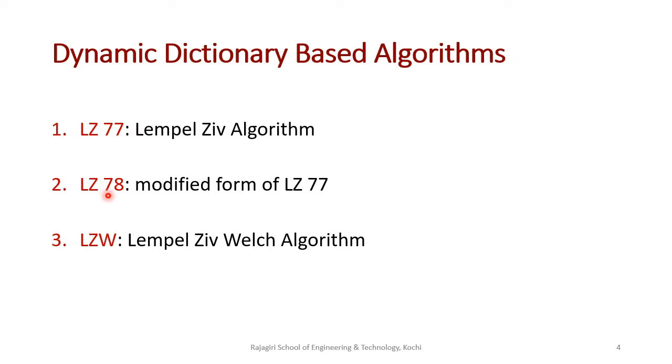The LZ78 is a modified version of the LZ77 algorithm in which, instead of using fixed length phrases, it builds phrases one symbol at a time, adding a new symbol to the existing phrase whenever a match occurs. The LZW or the Lempel-Ziv-Welch algorithm is another modification of the LZ78 algorithm. In this lecture, we will be focusing on the LZW technique.